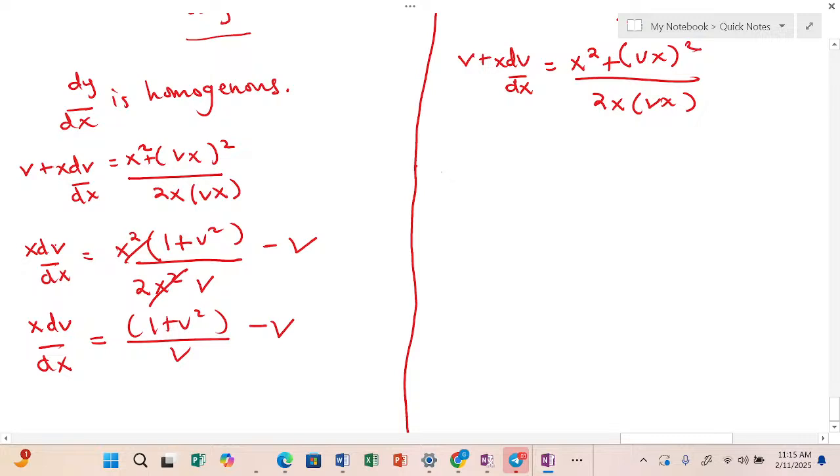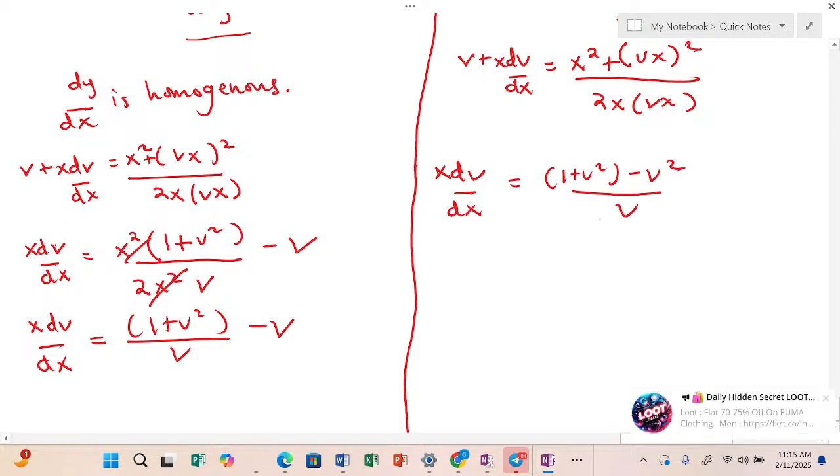We get x dv/dx is equal to (1 plus v squared minus 2v squared) all over 2v, where the LCM is 2v.